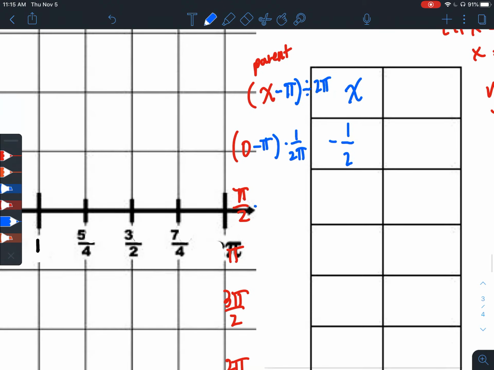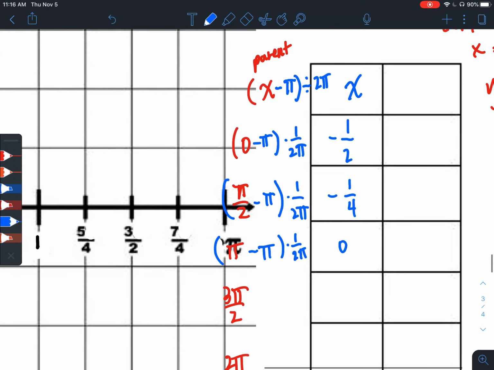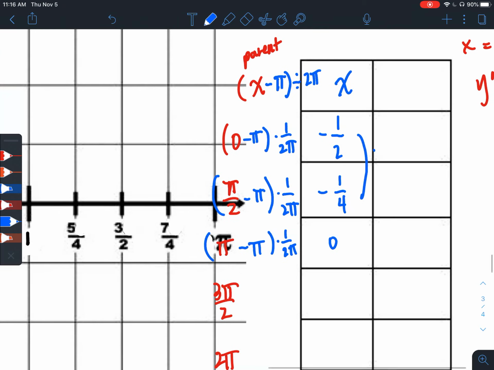Then we subtract pi, get negative pi over 2, multiply by 1 over 2 pi, we get negative 1/4. Pi minus pi is 0, and multiplying by 1 over 2 pi, that's still 0. You'll notice a pattern where we're just adding 1/4 each time.